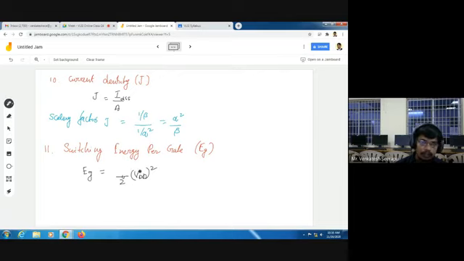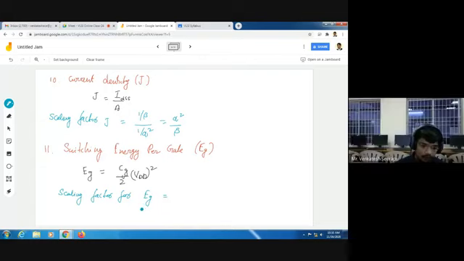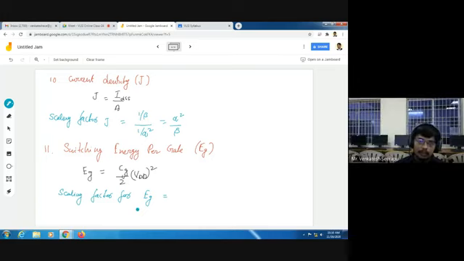Now calculate the value of the scaling factor. What is the scaling factor for the switching energy? 1 by alpha square beta.